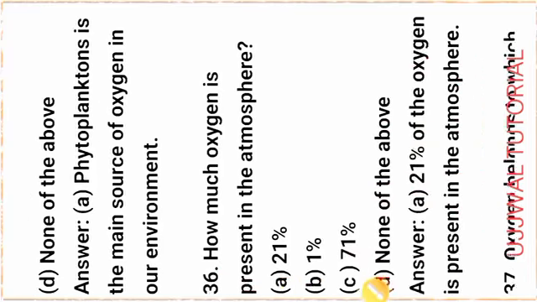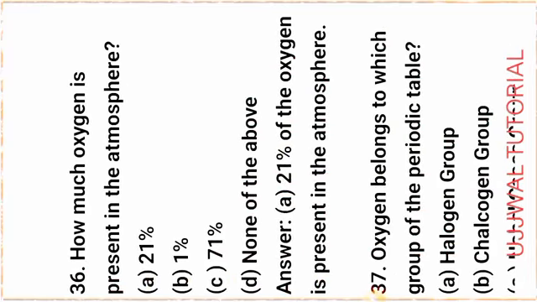Next, question number 36. How much oxygen is present in the atmosphere? Option A, 21%. 21% of the atmosphere is oxygen.